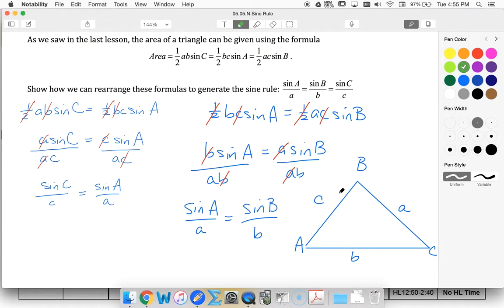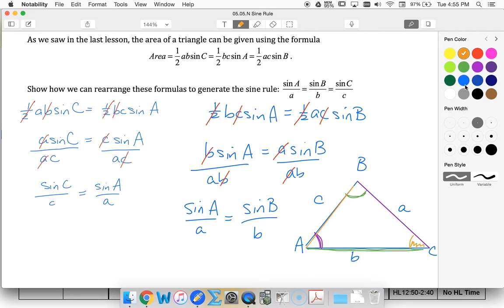I'm always going to match up an angle with the side across from it. So I'll match up an angle over here with the side across from it, or I'll match up an angle over here with the side across from it. So I can pick any of the things that I know to set up an equation that helps me find unknowns.